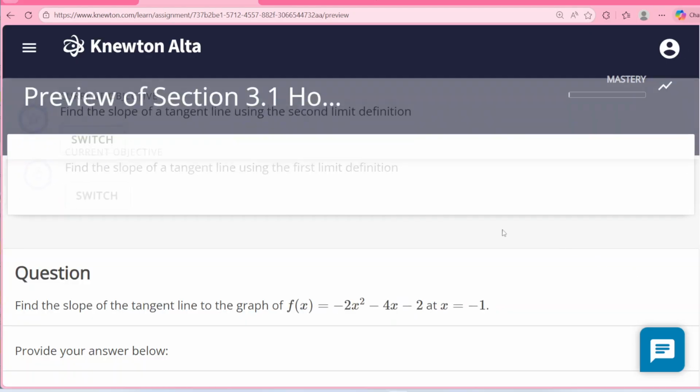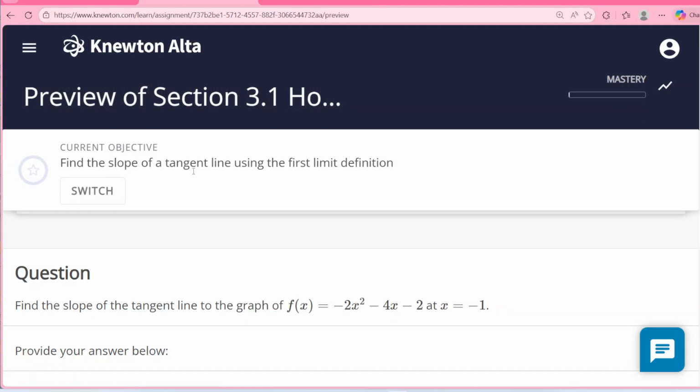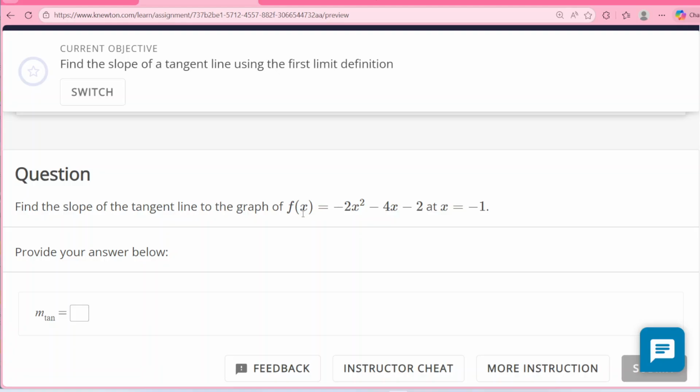All right, so continuing on, they switch to the definitions, and I'll use the ones they're asking for. Again, it doesn't matter which. So this one's find the slope of a tangent line using the first limit definition. So notice here, this function is not a line, right?